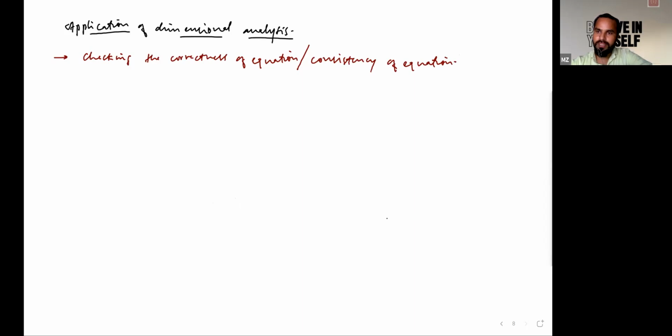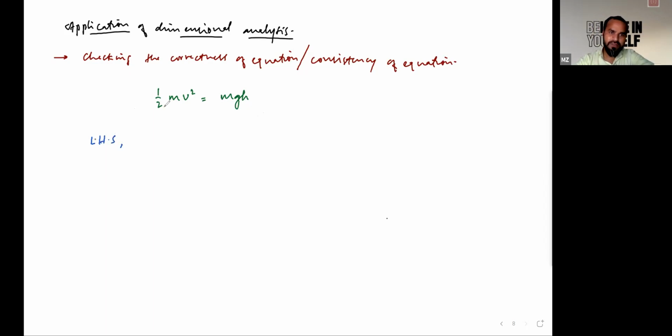Suppose you have a relation like half mv square is equal to mgh. We have to confirm whether this particular equation or expression is correct on the basis of dimension or not. So first of all, try to solve the left hand side.